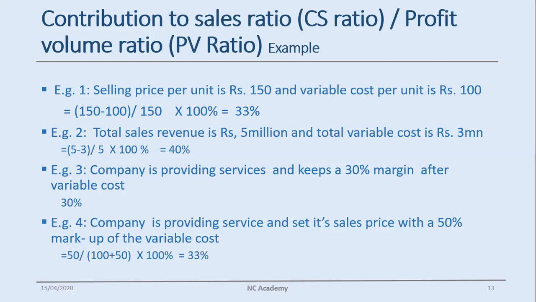In both examples 3 and 4, the important point you have to remember is that I said margin after variable cost and markup on the variable cost. Those are the words I used. So remember, if someone comes and says it is a 30% margin after full cost, then your contribution to sales ratio is not 30.